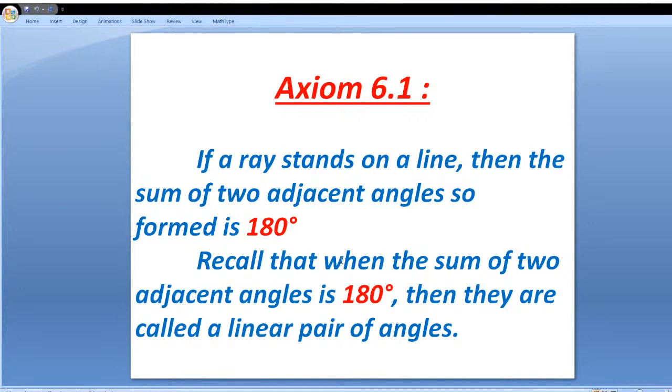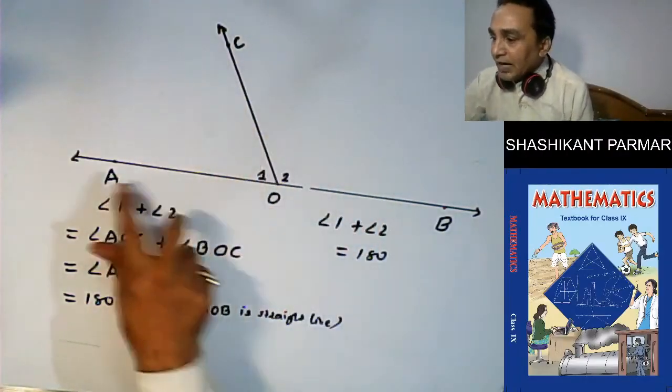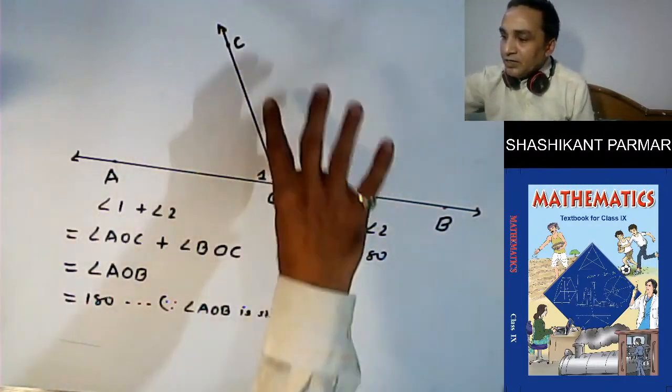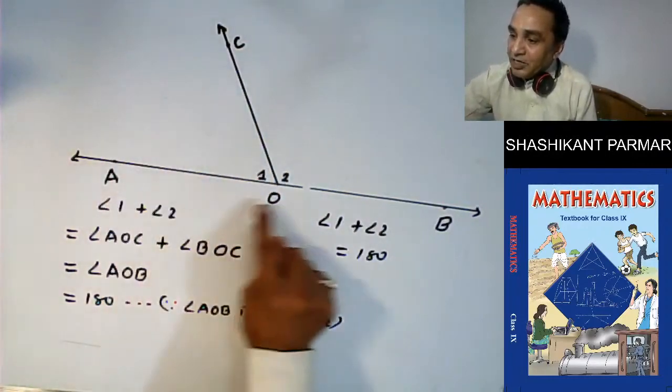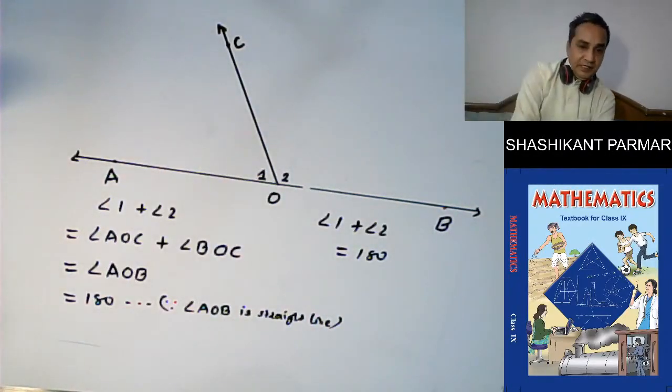Again, let me repeat it. If a ray stands on a line, then the sum of two adjacent angles so formed is 180. This ray OC stands on the line AB, then the sum of adjacent angles AOC and BOC is 180.